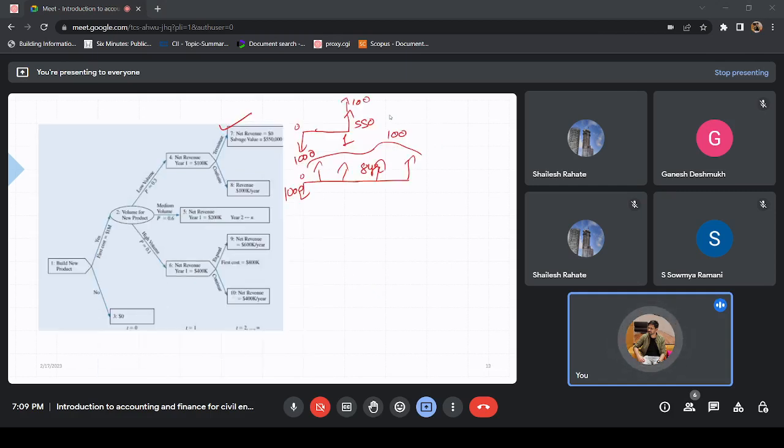Okay, i is equal to 10%, that has been given to us. What shall we do next? For this case, your cost becomes minus 1000 plus, at the end of the year, you have 650 divided by 1.1.